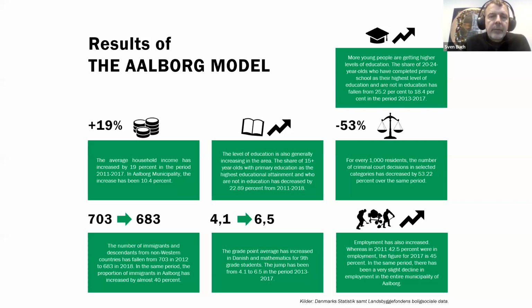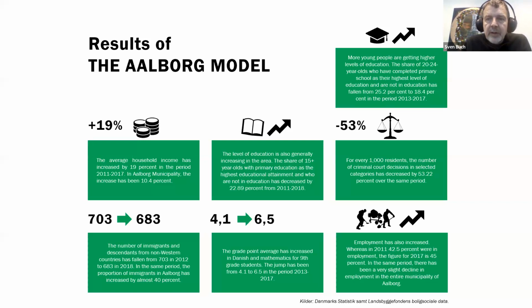So we can see all these kind of different initiatives and investment have made a big change. So we have a much more diverse population now. That means that the average income has raised 19%.